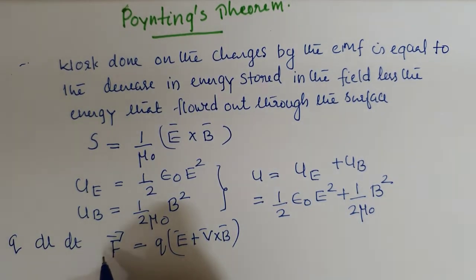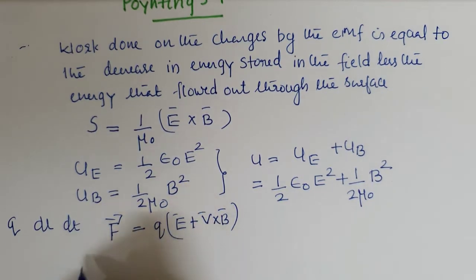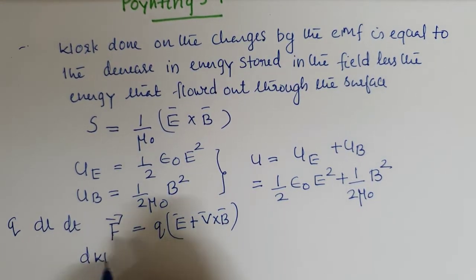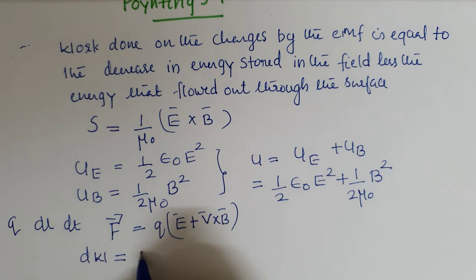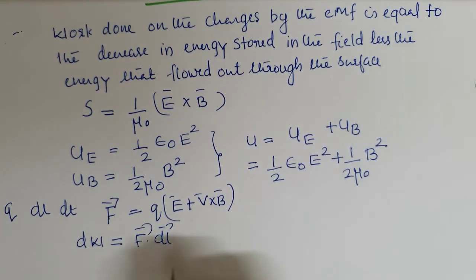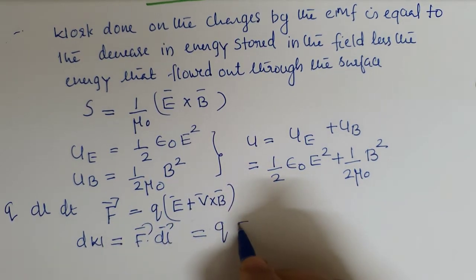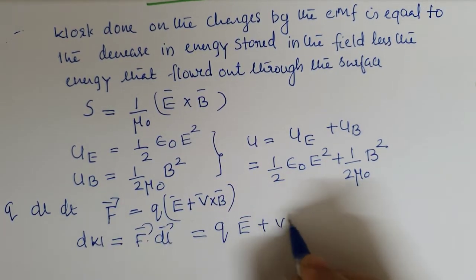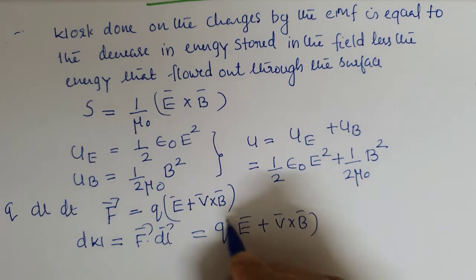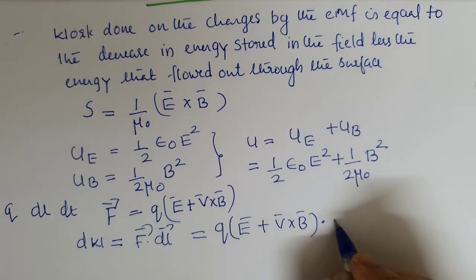Then the corresponding work done on the charge Q due to the displacement dl can be written as dW equals the force into the displacement, where dl is the displacement made by this small charge Q. So this can be represented as force, Q into E plus V cross B, dot dl.